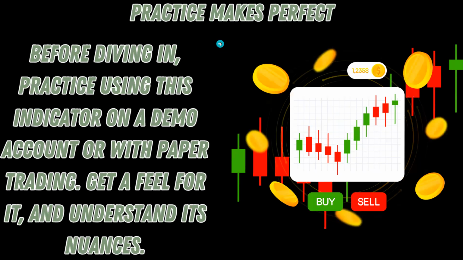Now remember, practice makes perfect. So before diving in, you want to practice using this indicator on a demo account or paper trading, get a feel for it and understand its nuances. The main thing also I want to highlight is practice focusing on fewer stocks, right? You don't necessarily want to try to trade every single stock every single day.